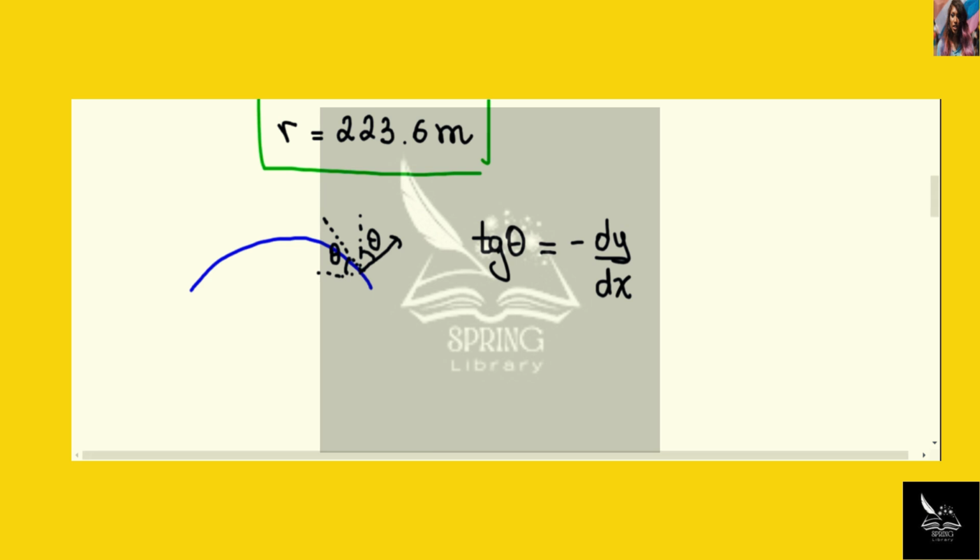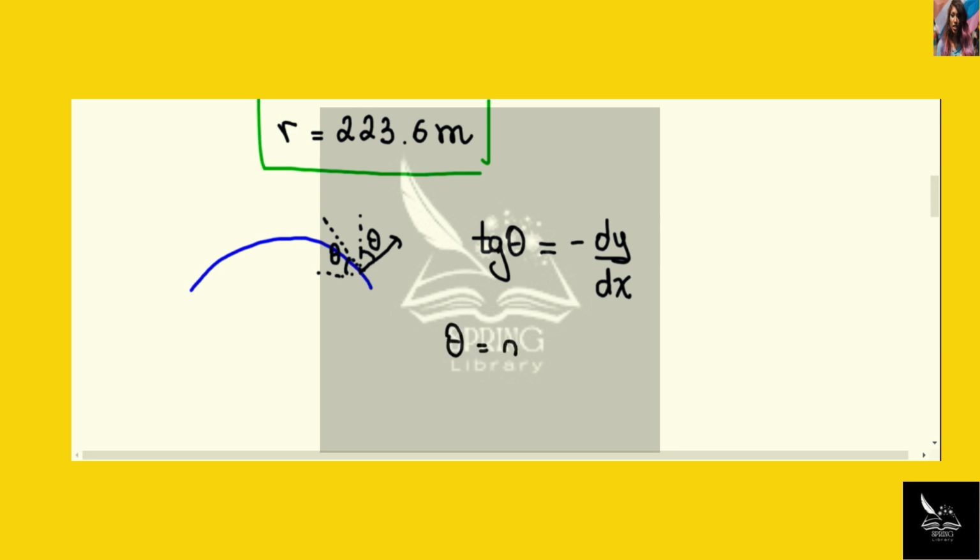Usually if we calculate theta to be just the tangent of theta equals the derivative of y with respect to x, we're going to have a minus sign because the function is decreasing. We don't want that, so I'm just putting this minus sign here.